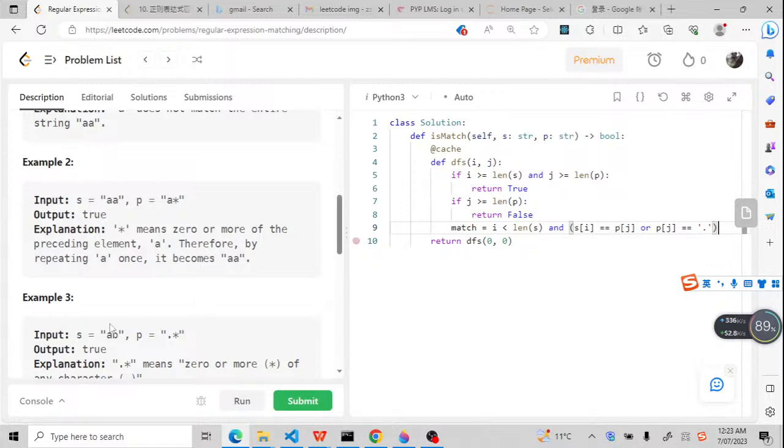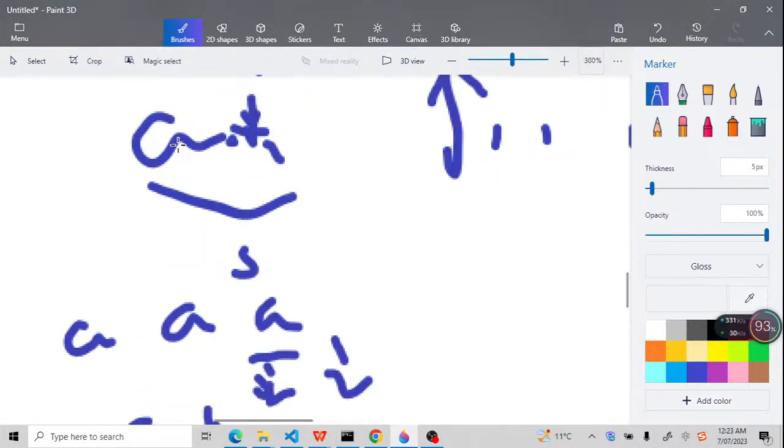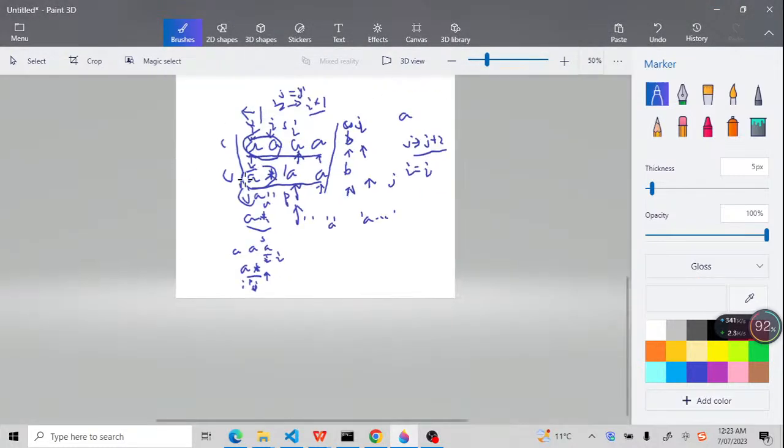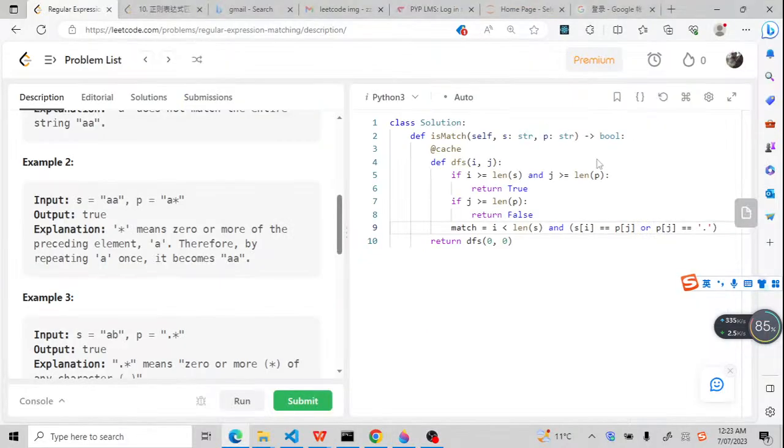But before we check the match, we have to check the star first, because as I already explained, this star at the first character is always together. We should always check this A and star first. After that, we can check like A equals A or A equals dot. Otherwise, we will not return the result because A and star is a whole part. So we need to check this first.